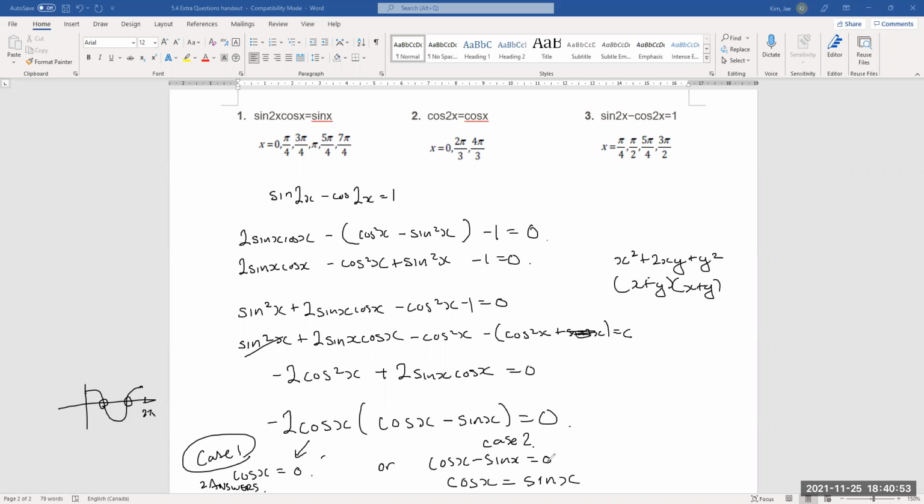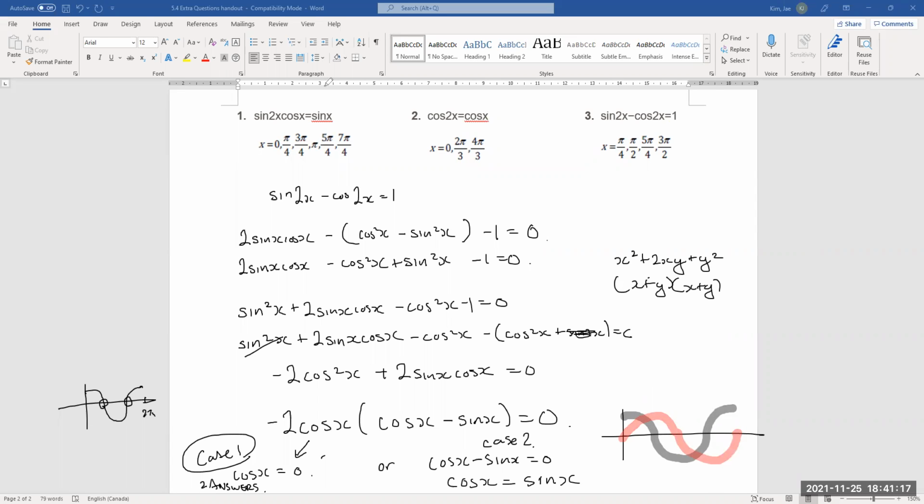And here, I'm simply gonna just graphically guess. I'm going to use a highlighter. Cosine goes up and down over 2 pi, and then sine does the same over 2 pi.